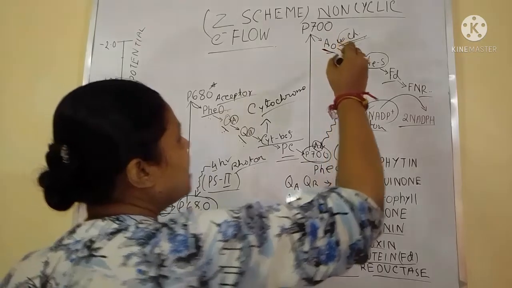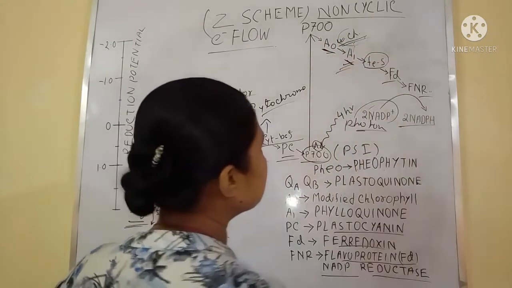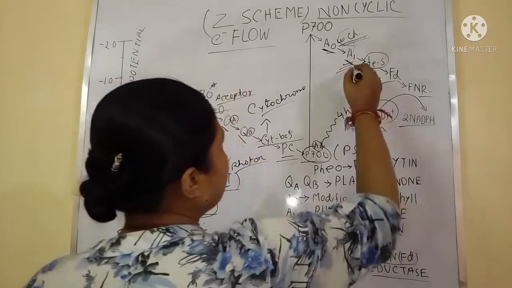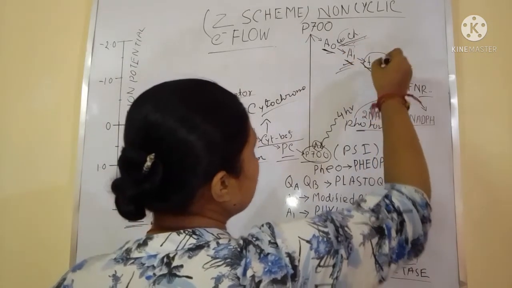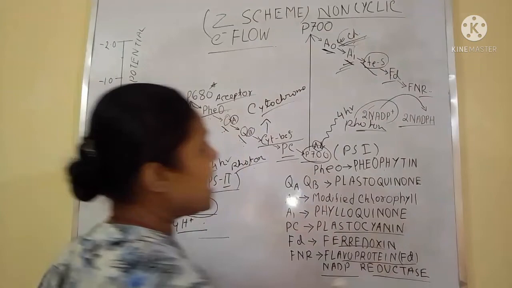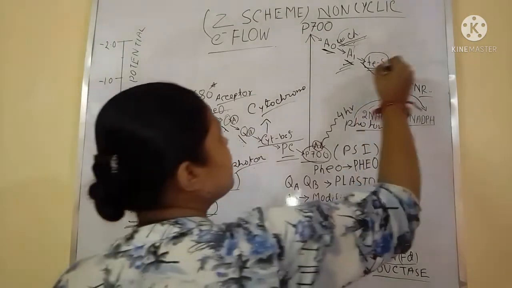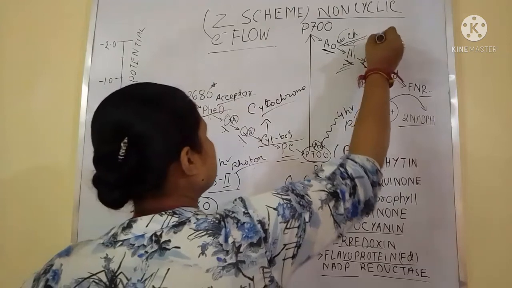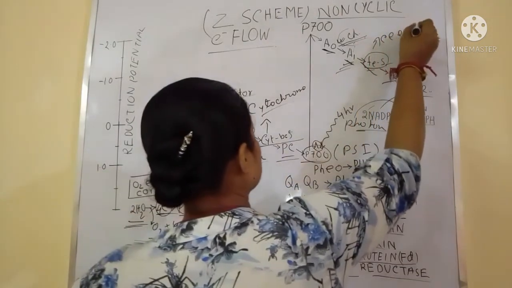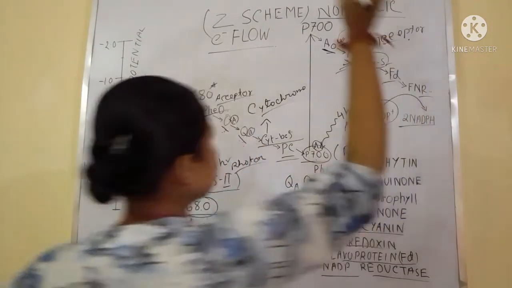A1 means phylloquinone, and from phylloquinone this electron transfers to FeS. FeS means iron sulfur complex, and there is an acceptor also present.